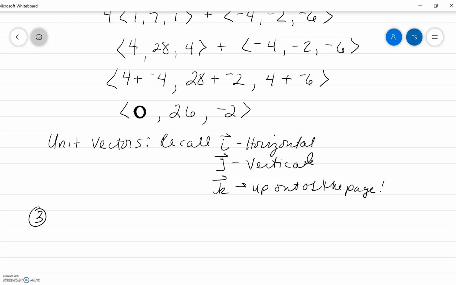So example 3, we're going to write vector AB as an ordered triple and as the sum of unit vectors.